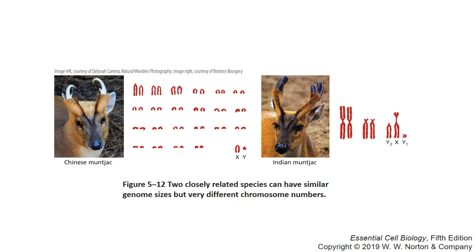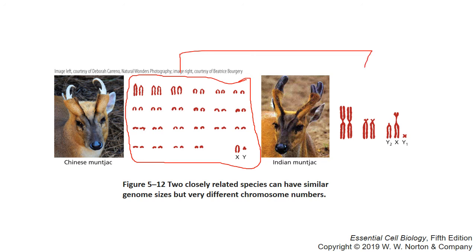So if we compare the DNA, we notice that a lot of the chromosomes that were originally found in the older species, the Chinese one, we can also locate in the Indian one, but their shape has completely changed because a lot of the individual pieces from the Chinese lineage have actually fused together to create larger chromosomes.